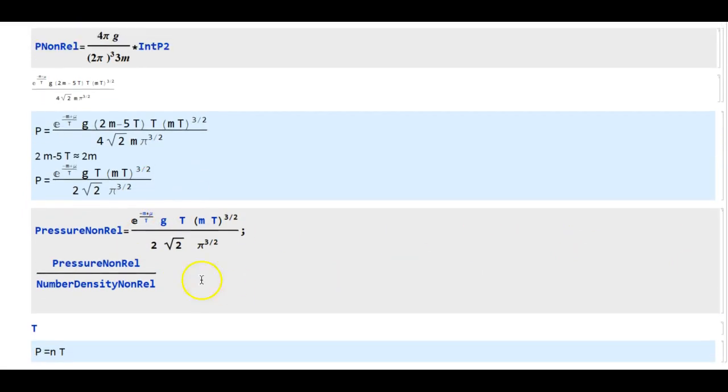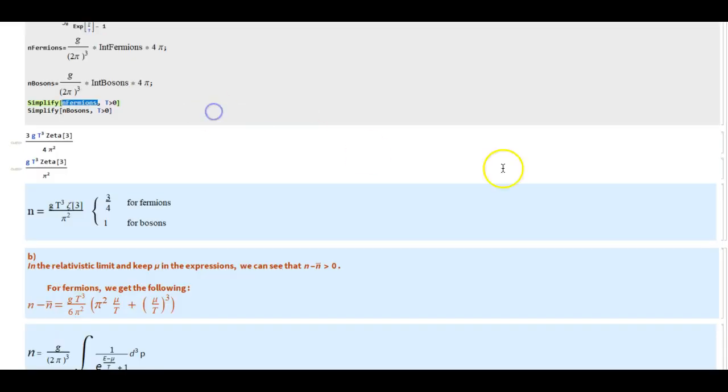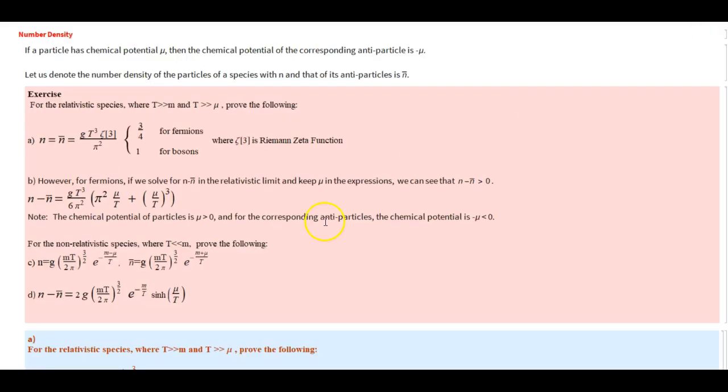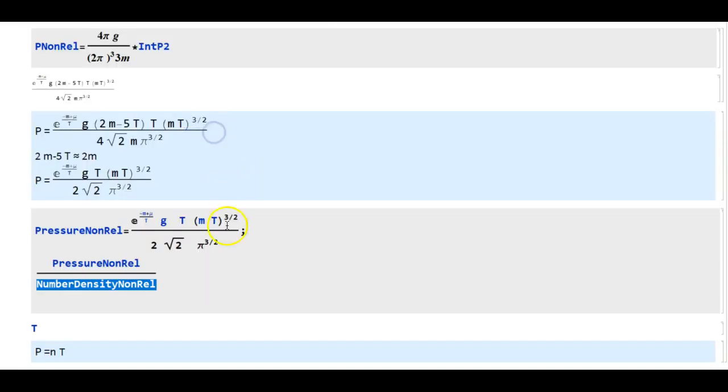When you divide it by the non-relativistic number density, which we have seen in our previous videos, you finally get that pressure is equal to nT.